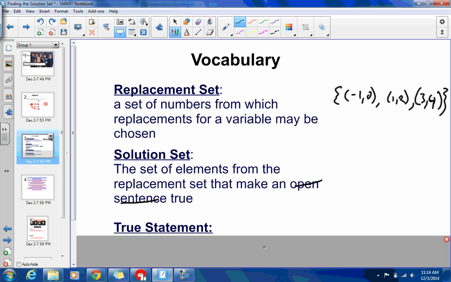Make an equation true. So maybe we'll plug these in, we'll find that just 2 of them are true. That would be your solution set. All right, we'll get to an example of that in a second.